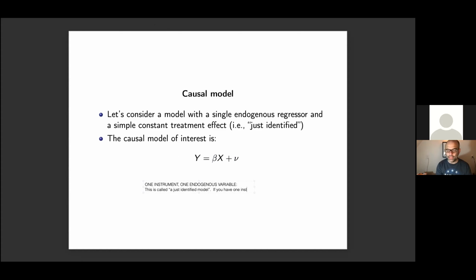If you have more than one instrument and one endogenous variable, this is called over-identified. Over-identification can be an issue if some of those instruments are weak.